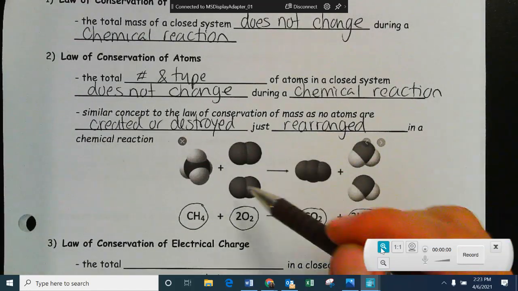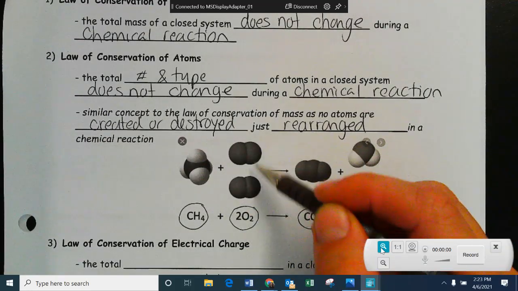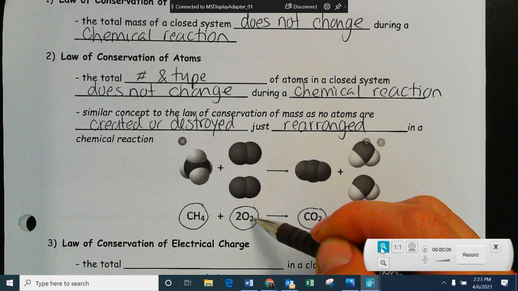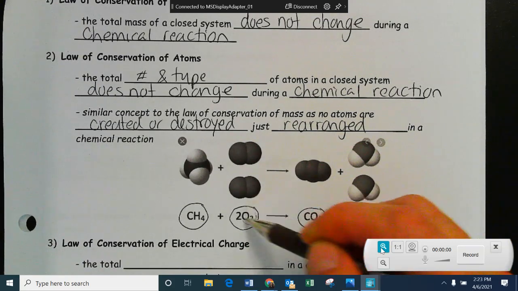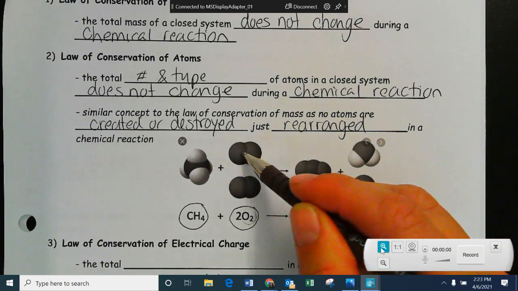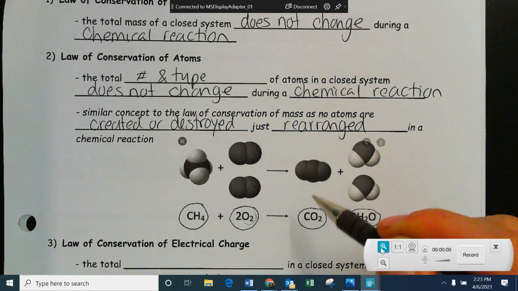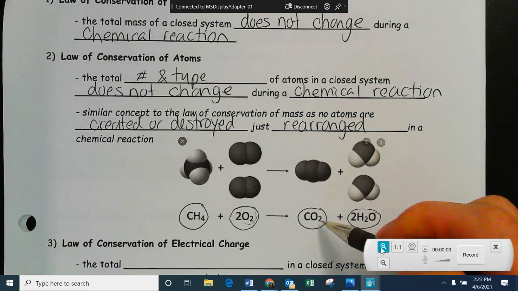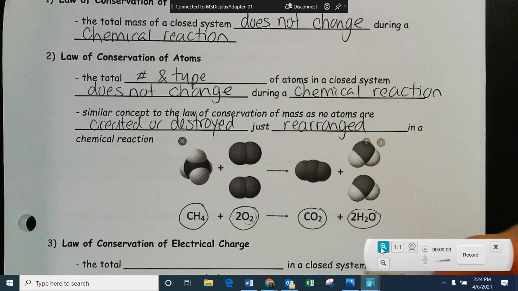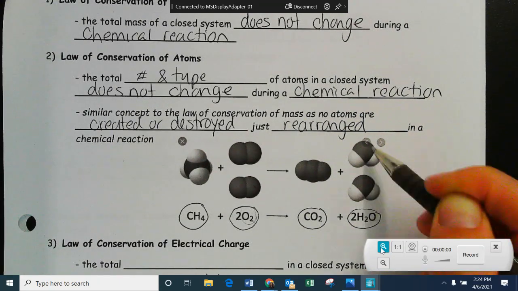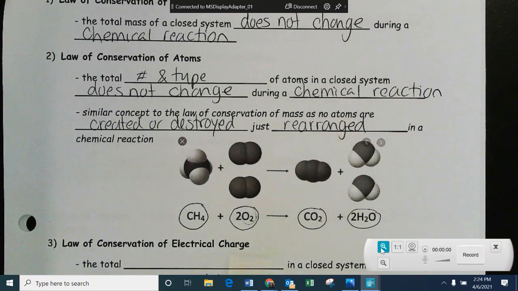So we have 2 oxygen molecules, which are each made up of 2 oxygen atoms. So there's 1, 2, 3, 4 oxygen atoms. And then on this side, there's 2 in this 1 carbon dioxide, and there's 2 in these 2 waters. So if you total the number of atoms on each side, they add up to the same. Does that make sense? Okay, sweet.